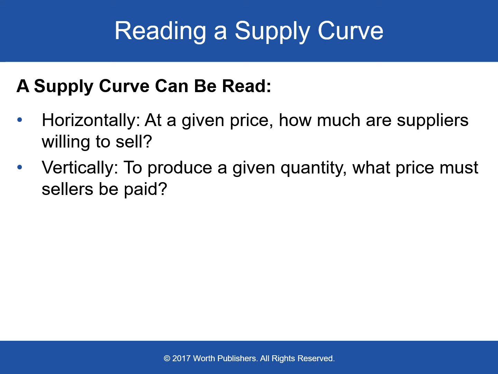Alternatively, in sort of the equivalent way of getting the same result, you can look vertically, and that means that you start out picking a quantity and then going up to the supply curve and reading across and answer the question, what price must oil be selling for in the market to induce producers to produce that quantity of oil?